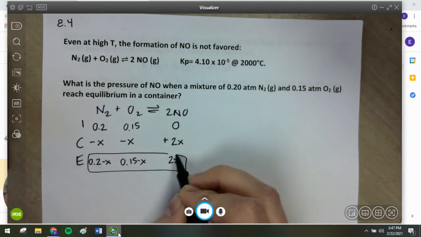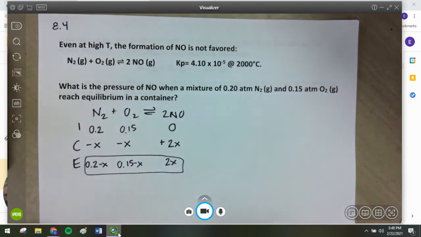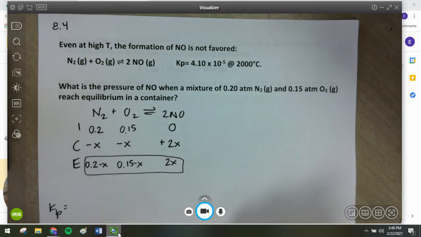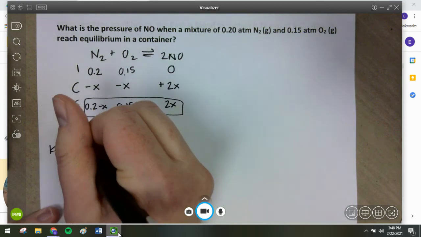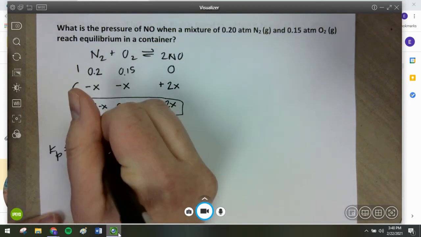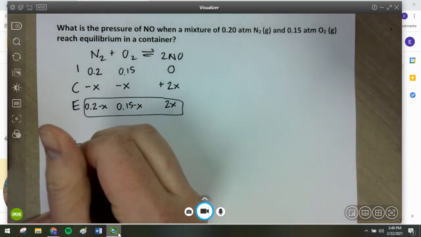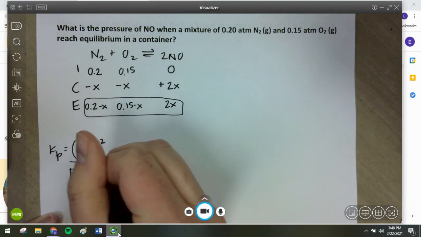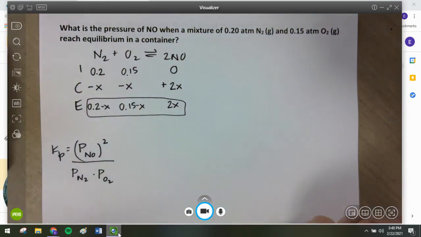All of these values then are going to be put into our Kp expression. So in this case, my Kp expression is equal to the pressure of my products, which is NO, squared because of this coefficient of 2, divided by my pressure of N2 times my pressure of O2. So it's just like a regular K expression, but all I'm doing is putting in the pressures.